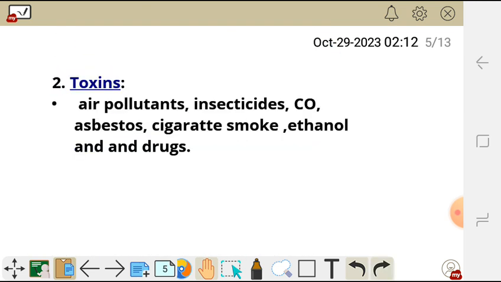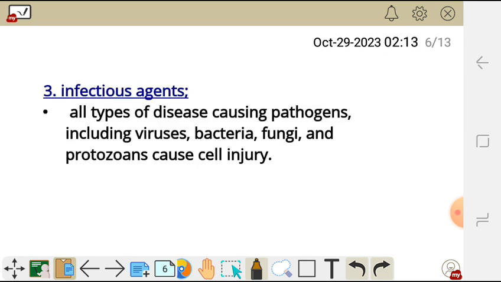So apart from hypoxia, another factor which can cause cell injury is toxins. Here we're talking about air pollutants, insecticides, carbon monoxide, asbestos, cigarette smoke, ethanol, and drugs. So these are toxins which can cause cell injury.